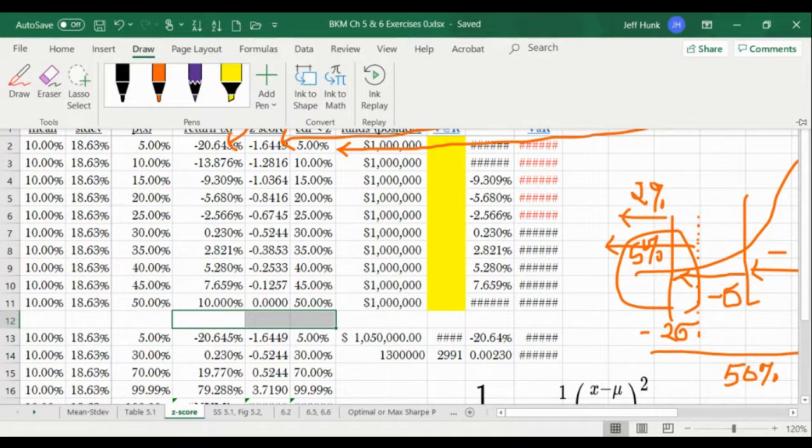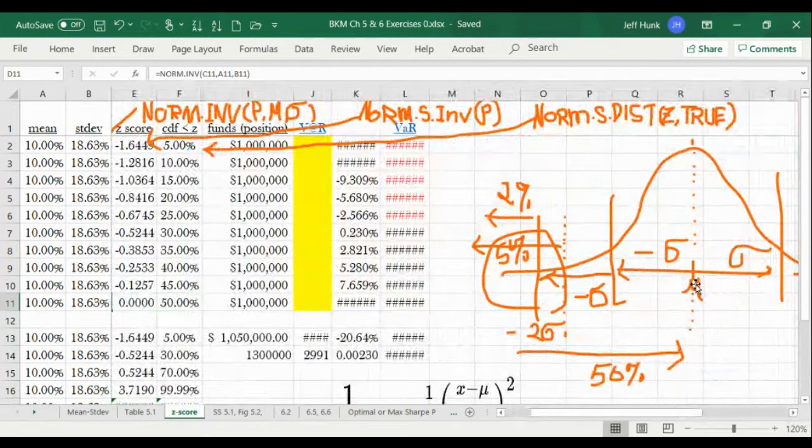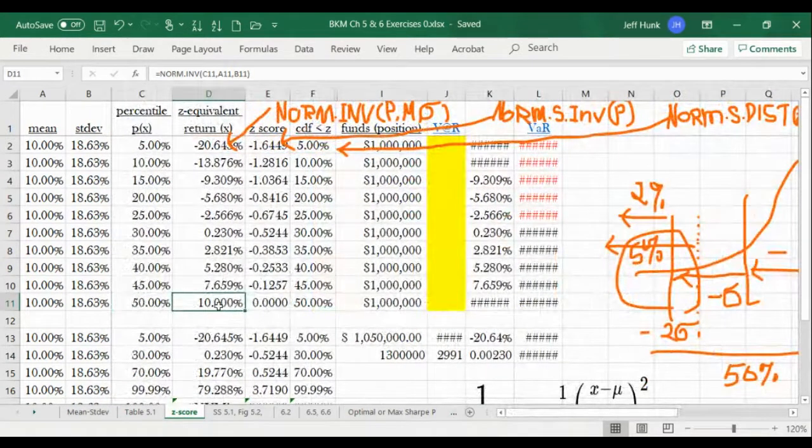Oh, what did I say? If the cumulative probability is 50%, it's going to be right here. So we should have exactly 10% for our return, right? And at that point, our z-score should be 0, right?